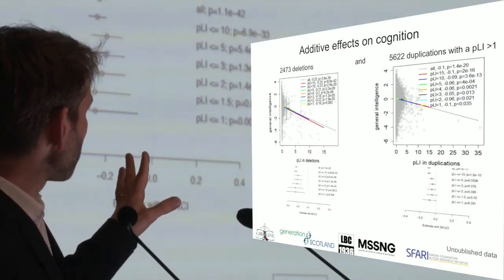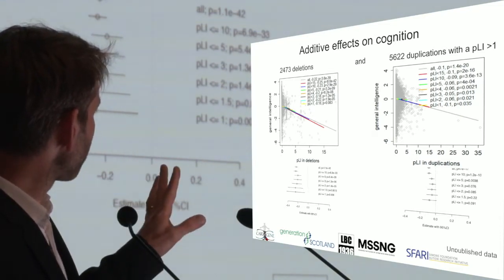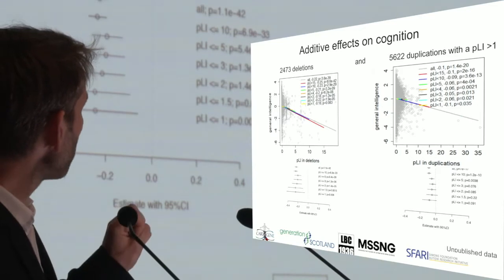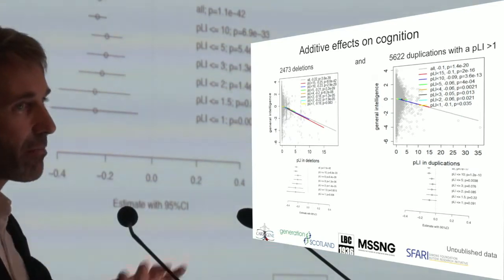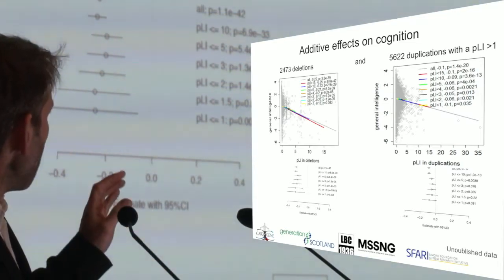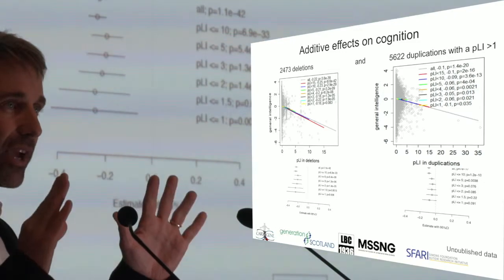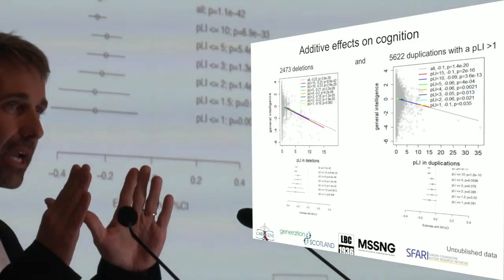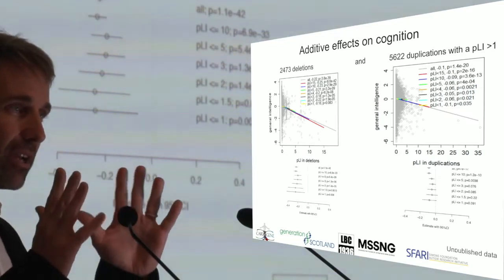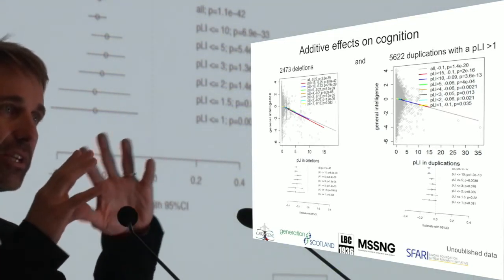So this is some very recent analyses that came out like a week ago. What it shows is that if you take the mega-analysis of about 23,000 individuals, and you look at the average effect of each point of pLI that is deleted or duplicated on IQ, and then you say, okay, these linear models, yes, they're driven mostly by large CNVs.